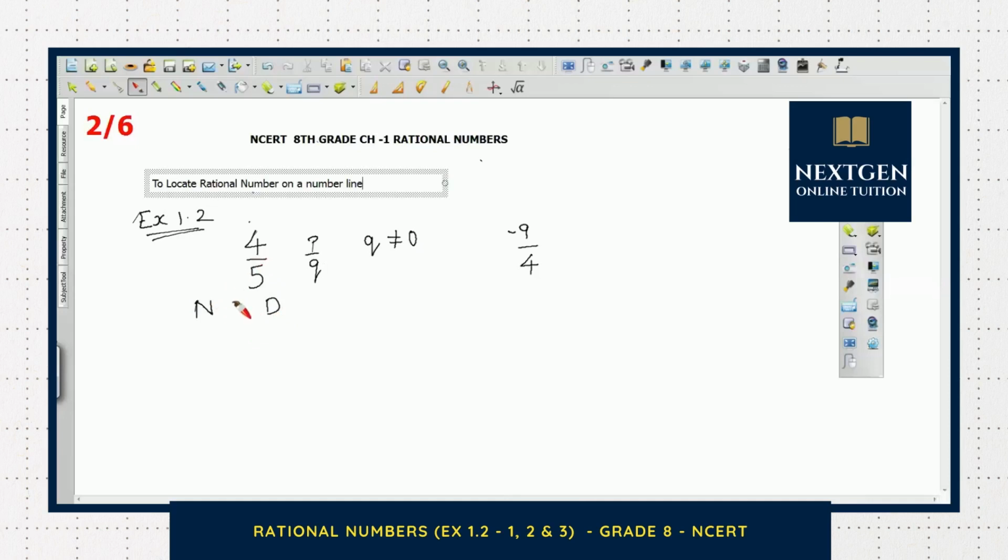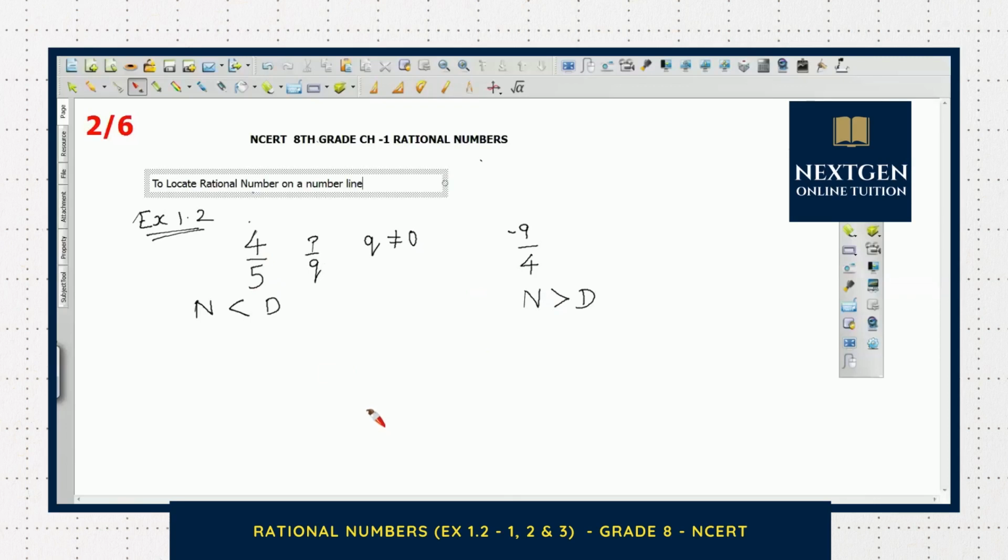In this case, my numerator is lesser than my denominator. Here, my numerator is greater than my denominator. So any of my rational numbers will fall in either of these two cases only, right?